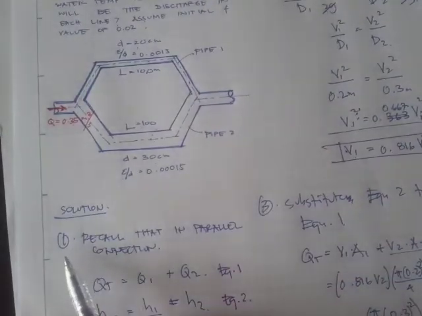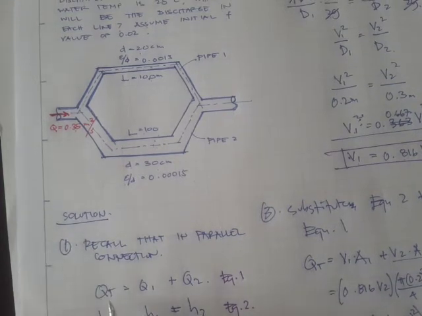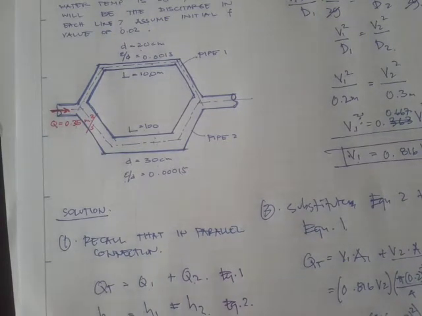Now, the first step that we did was to recall the rules in these parallel systems. For the flow rate, we have an additive flow rate, that's Q1 plus Q2, and that's equal to the total flow rate. But for the head loss, we have the same head loss.